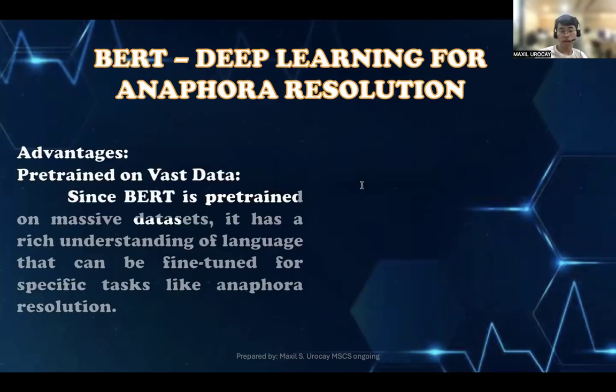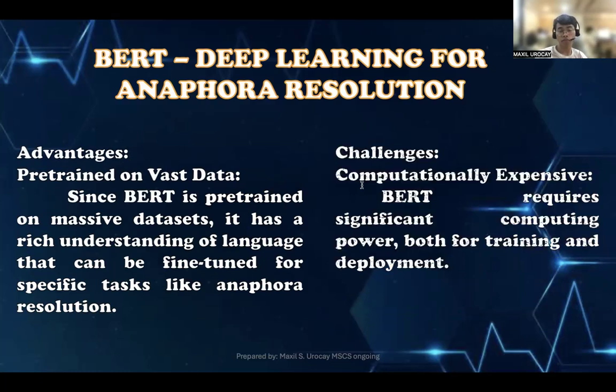Another advantage is being pre-trained on vast data. Since BERT is pre-trained on a massive data set, it has a rich understanding of language that can be fine-tuned for specific tasks like anaphora resolution. And then the challenges, starting with being computationally expensive. BERT requires significant computing power, both for training and deployment.